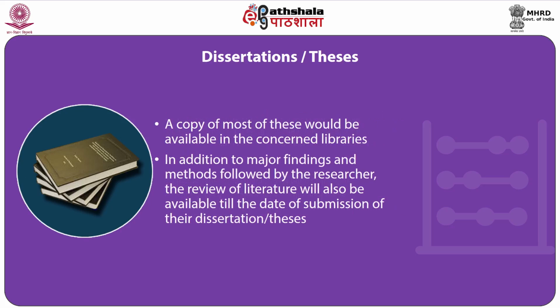A copy of most of these would be available in the concerned libraries, which also form the best source for a review of literature in the subject matter of interest. In these sources, in addition to the major findings, the methodological aspects followed by the researcher and the review of literature will also be available till the date of submission of their dissertation or thesis.